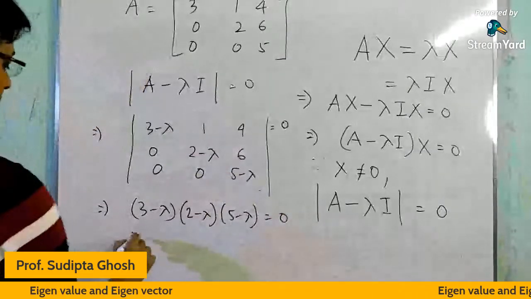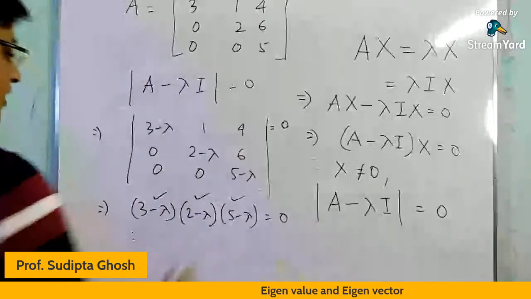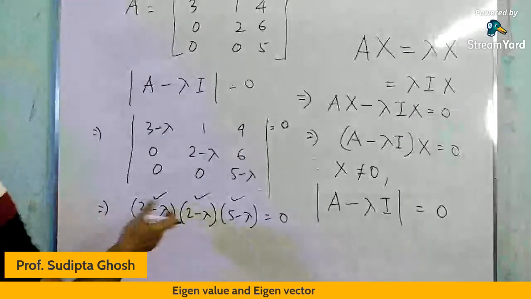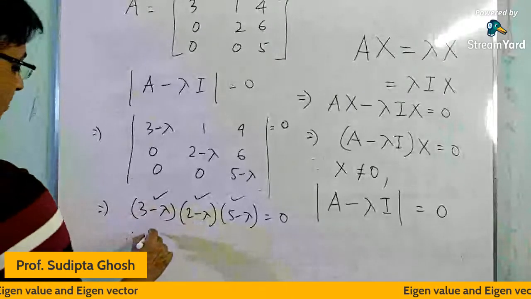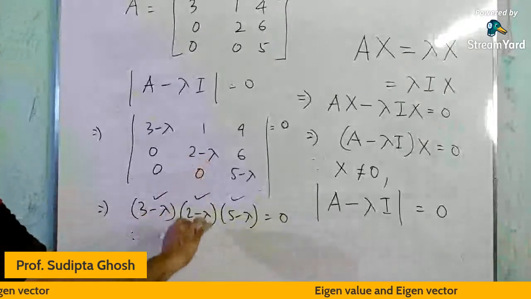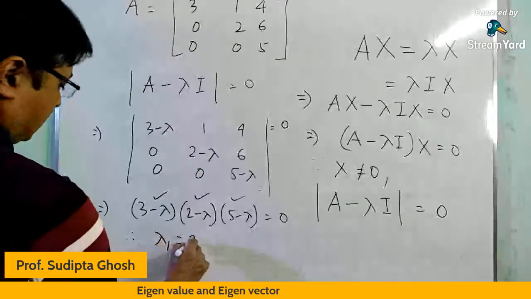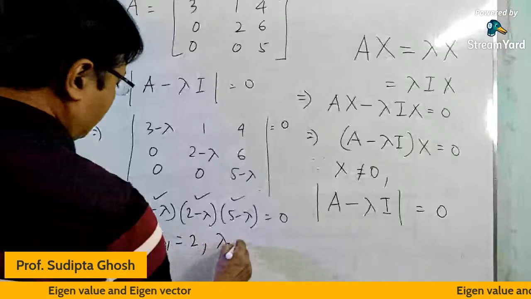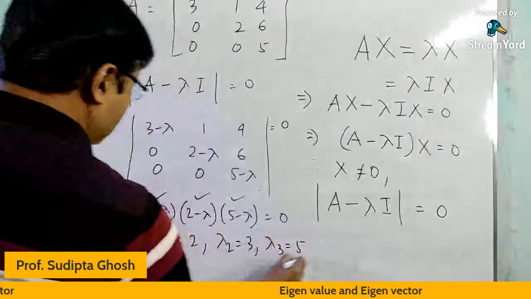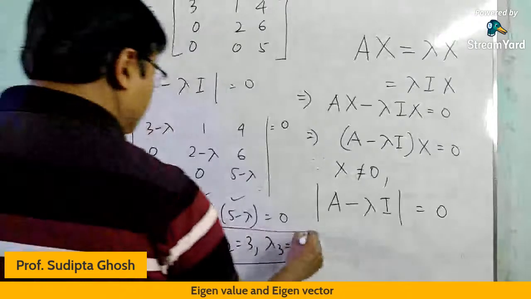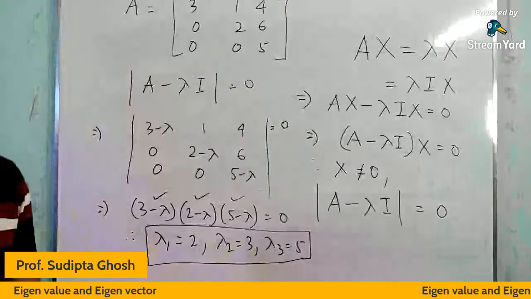So we find three values of lambda: lambda equals 3, lambda equals 2, lambda equals 5. Let it be written as lambda 1 equals 2, lambda 2 equals 3, and lambda 3 equals 5. So these three values are the eigenvalues of A.